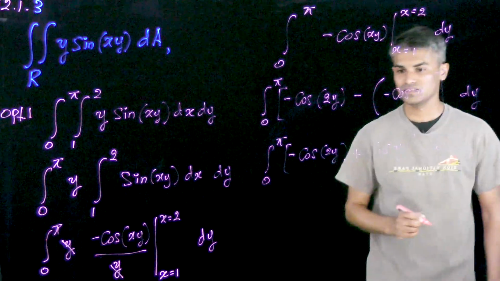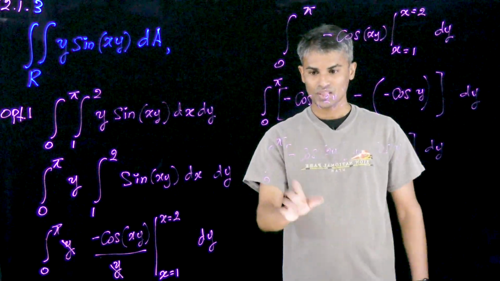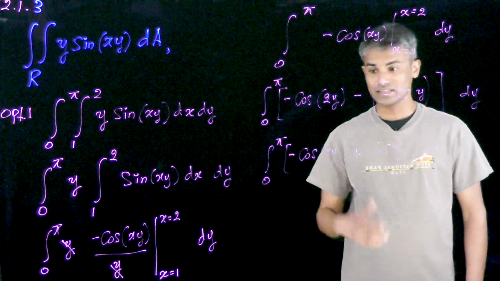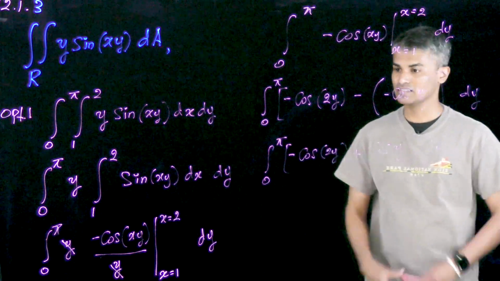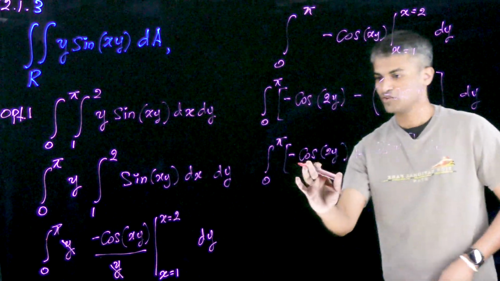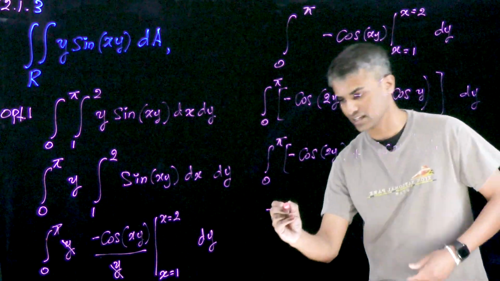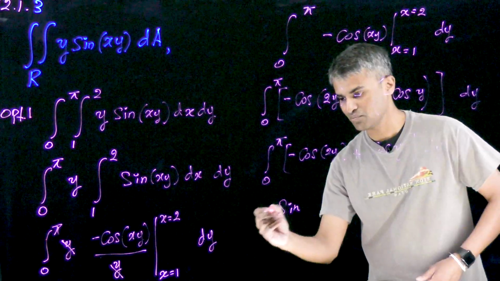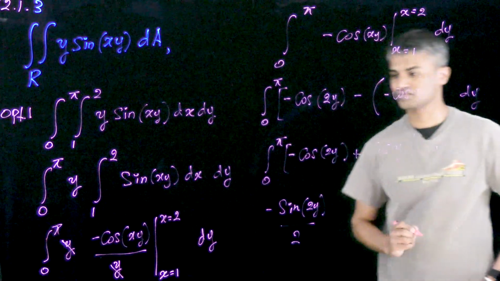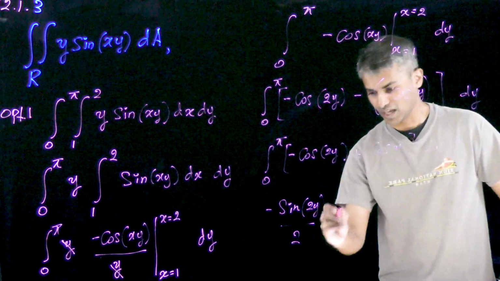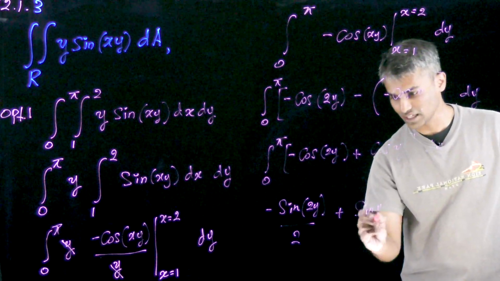Now, here we have a single variable integral. Basically we have an integral of a sum. Integral of a summation equals summation of the integrals. If you integrate cosine, you will get sine. So basically you have minus sine of 2y over 2 plus integral of cosine is again sine, and we have sine of y.